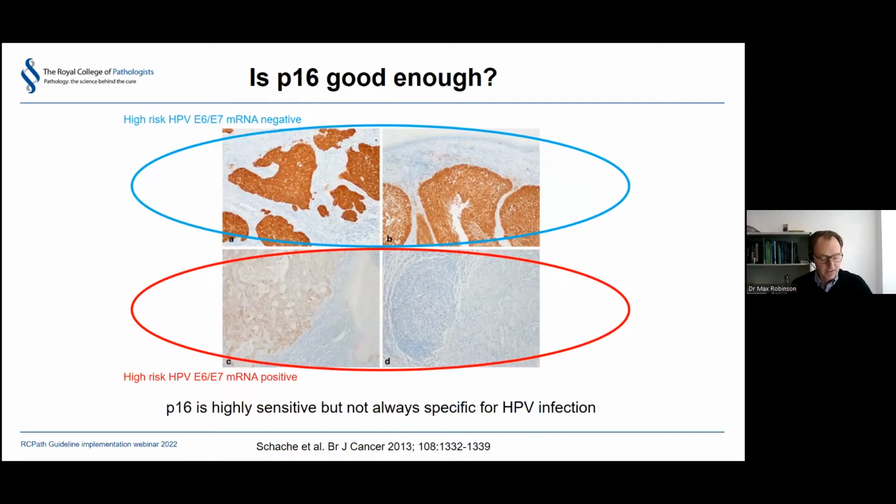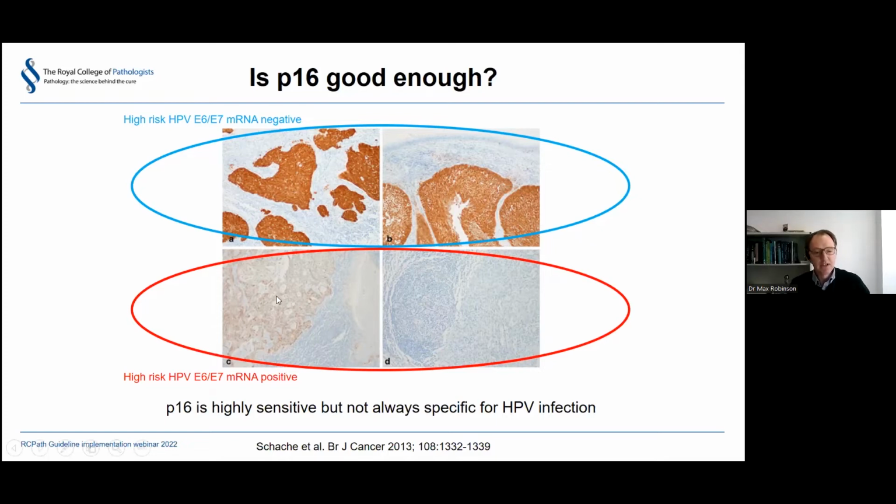And basically, p16 is highly sensitive, it's not always specific. For example, when you use this reference test here, which is the analytical gold standard, which is the detection of high-risk human papillomavirus E6 and E7 messenger RNA by reverse transcriptase PCR using frozen tissue, and you compare it against p16, you get false positives and you get false negatives.